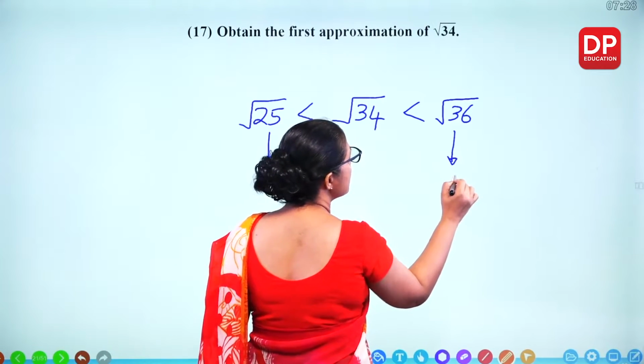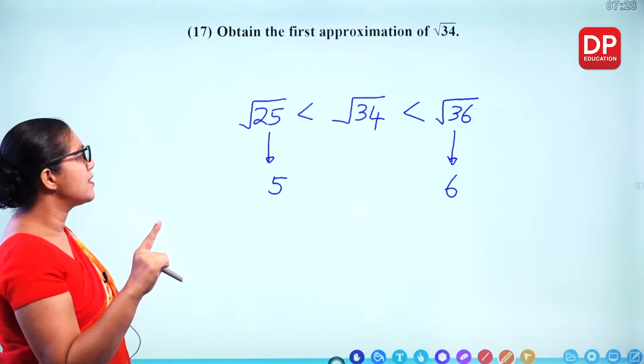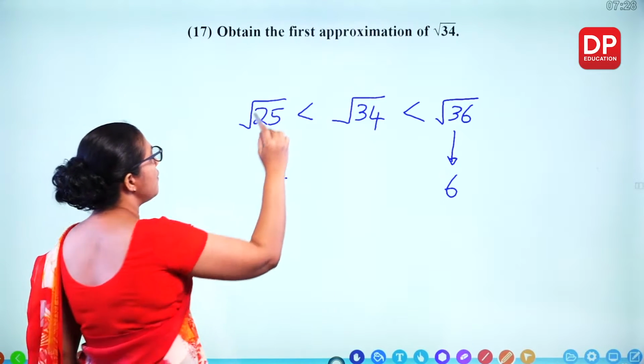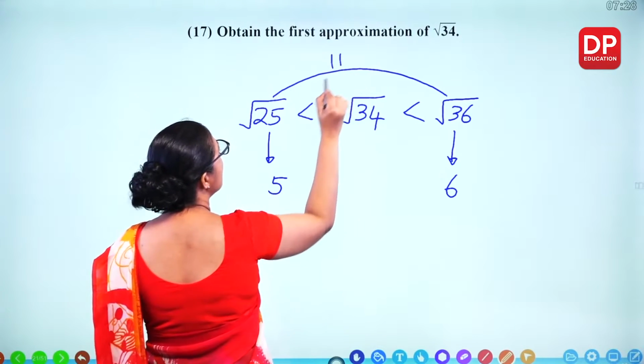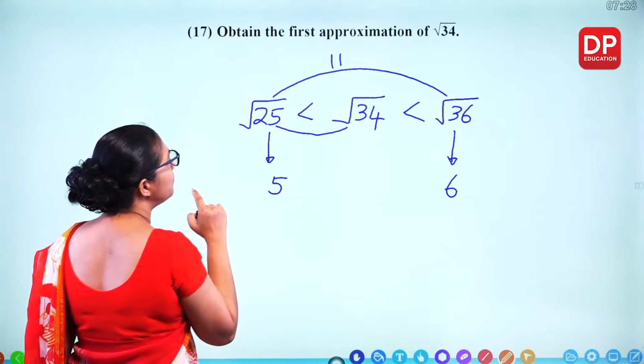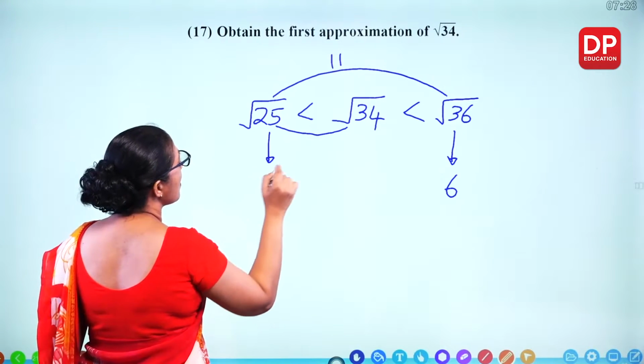Root 36 is 6. So the value should be in between 5 and 6. What's the method? You can find the difference between these two squares: 36 minus 25 is 11, and 34 minus 25 is 9.